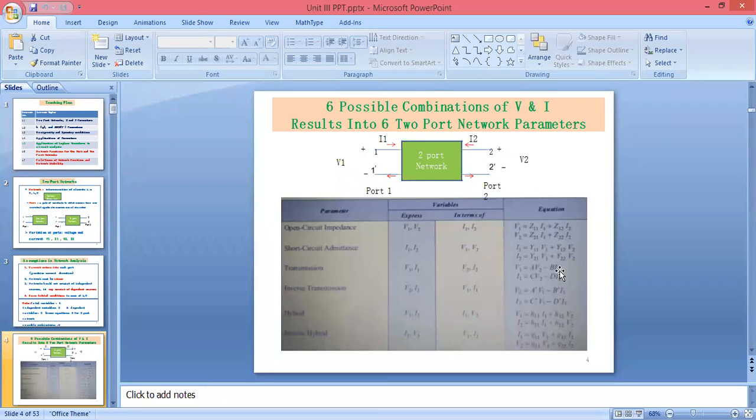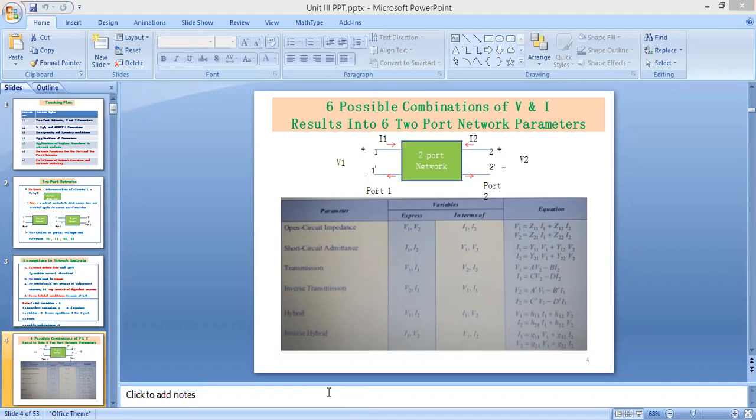And the opposite, if V2 and I2 depend on V1 and I1, we call this the inverse ABCD parameter.